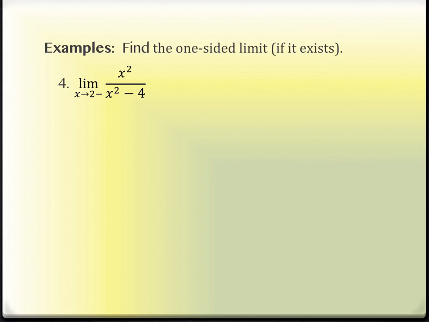Our limit is saying limit as x approaches 2 from the left of x squared over x squared minus 4. Okay, so what are our two options of ways to find this? Graphical and numerical. Those are our two choices. Okay, we're going to do it each direction.